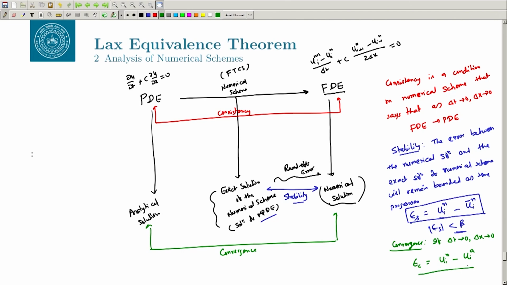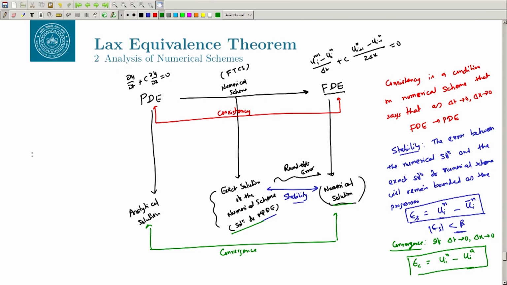Basically, your numerical solution approaches the analytical solution when you make the grid size and the time step size very small, right. So, that is what your convergence criteria says. Okay. So, the consistency connects your finite difference scheme with your PDE, and you know that finite difference scheme comes from your numerical scheme, and your numerical solution and the exact solution of the numerical scheme is connected by the stability, and the stability criterion says that the difference between the two should remain bounded at any given time.